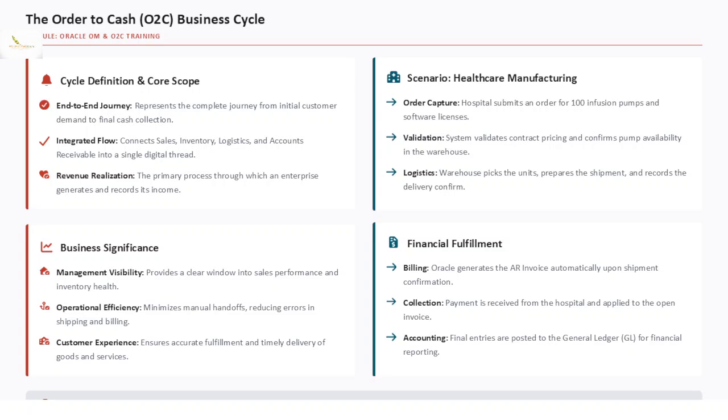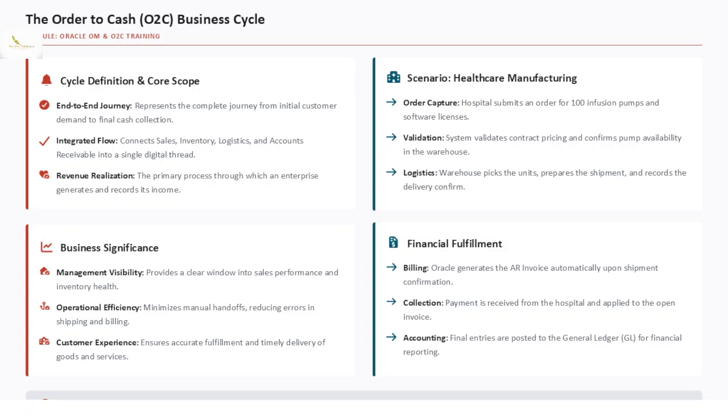Order to cash, also called O2C, is one of the most important enterprise business cycles in modern organizations. It represents the complete journey from initial customer demand all the way to final payment, collection, and accounting.